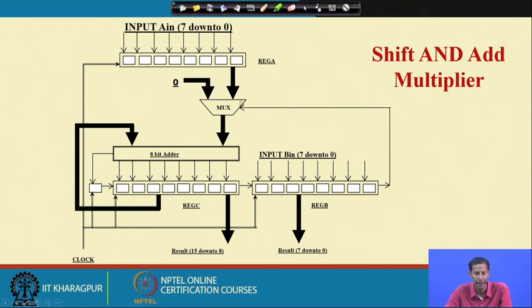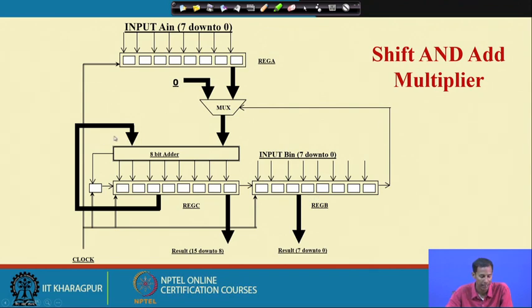Based on that I have one adder, where one of the inputs to the adder is the corresponding shifted bit of this B.